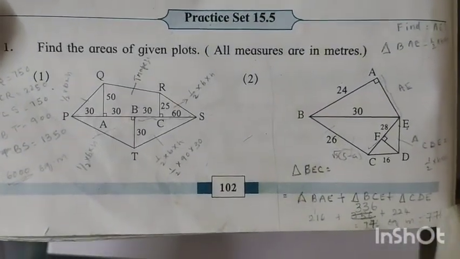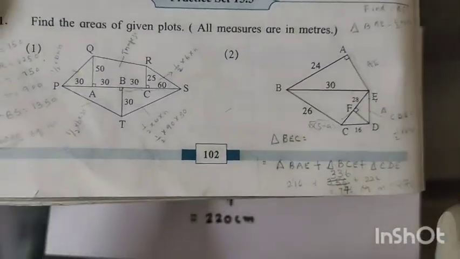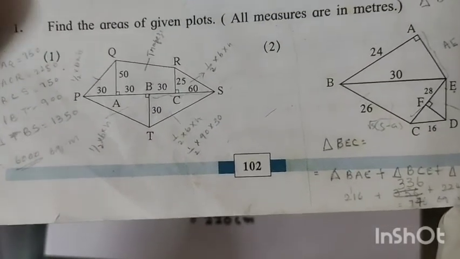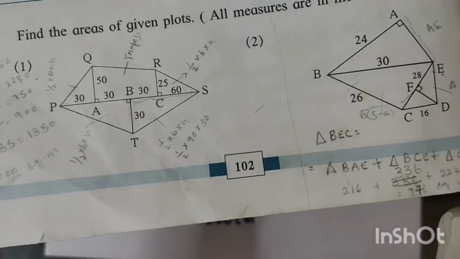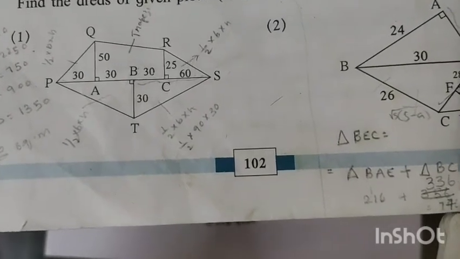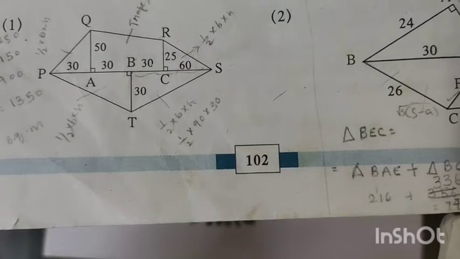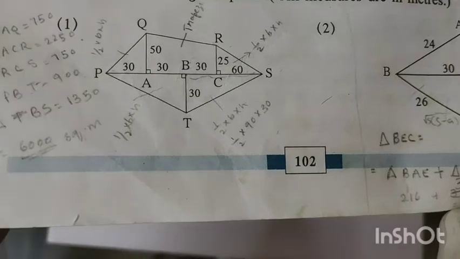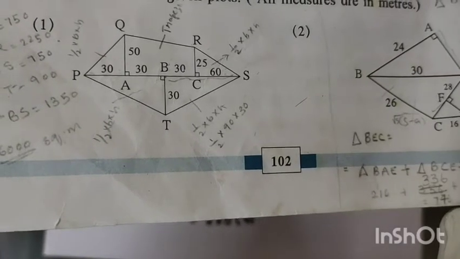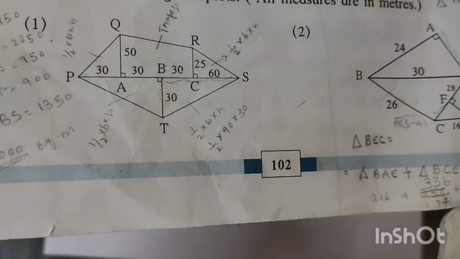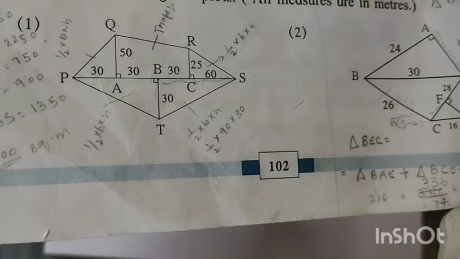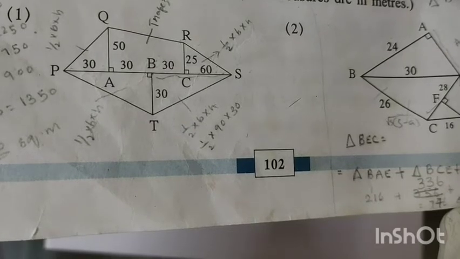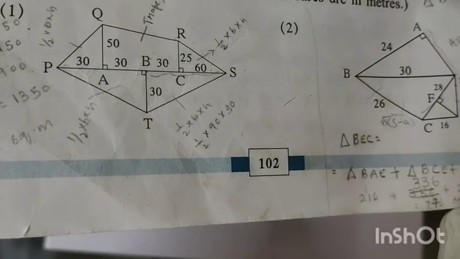Now 15.5, children, you can see the first figure. Here you can see, find the area of this plot. Now in this area you can see it is divided into different parts, and the first one is a triangle PAQ, and the second one is a trapezium QACR.